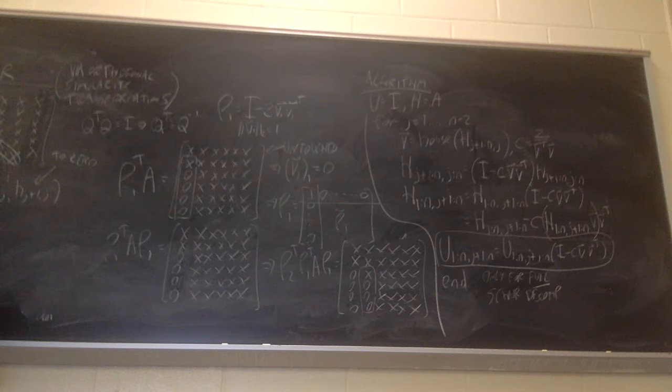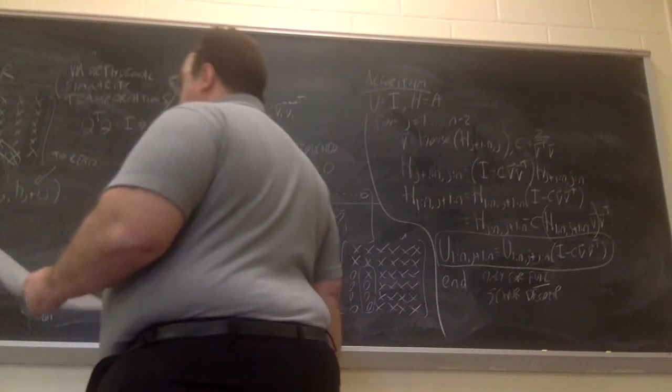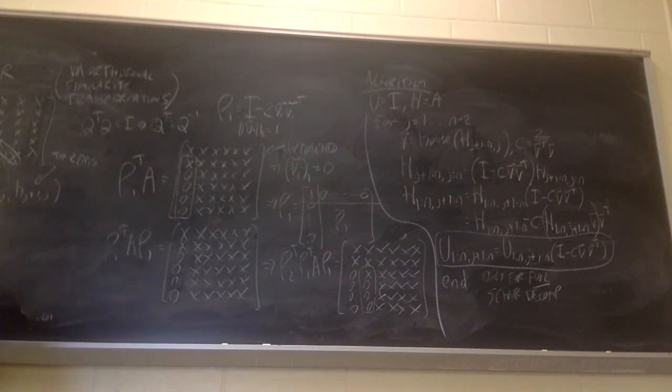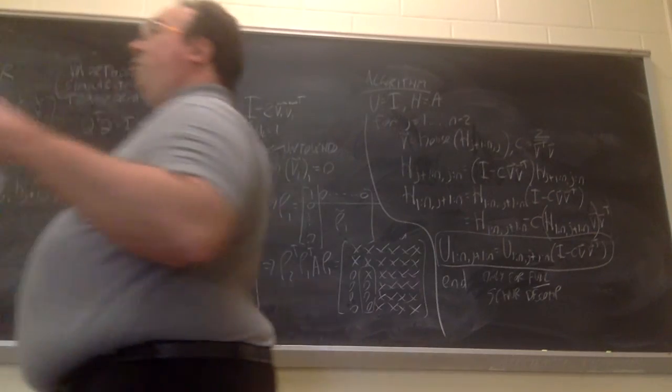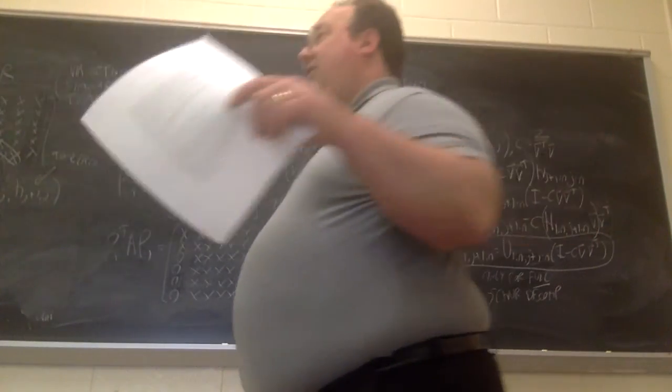So if I form this Givens rotation using a cosine sine pair, then all I have to do is update only rows j and j plus 1, and only columns j to the end, because to the left of that it's going to be zeros.